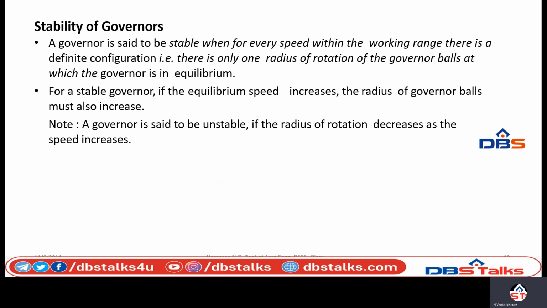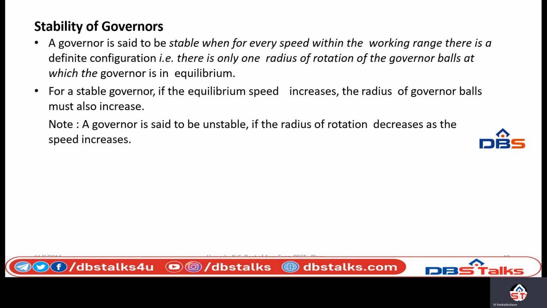Then, stability of the governor. The governor is said to be stable when for every speed within the working range there is a definite configuration, that is, there is only one radius of rotation of the balls at which the governor is in equilibrium.